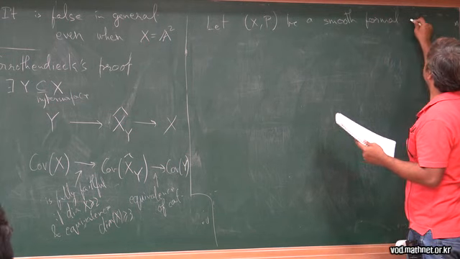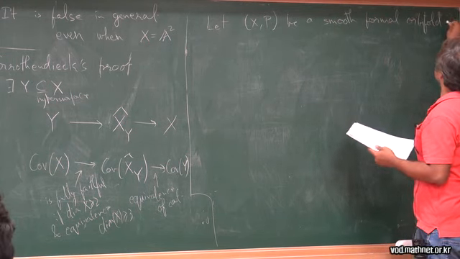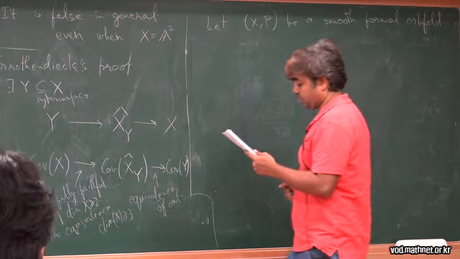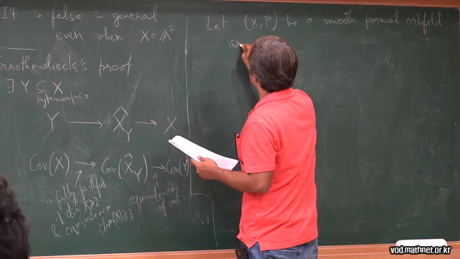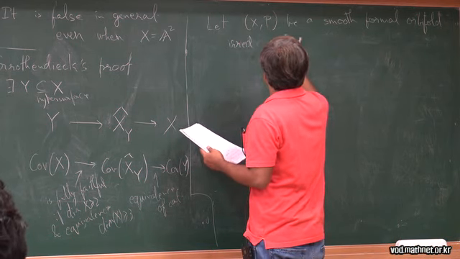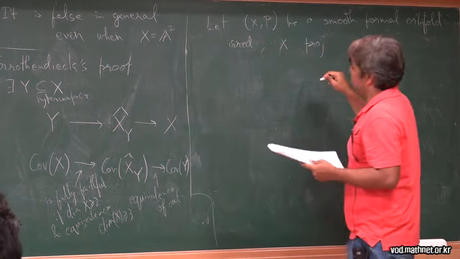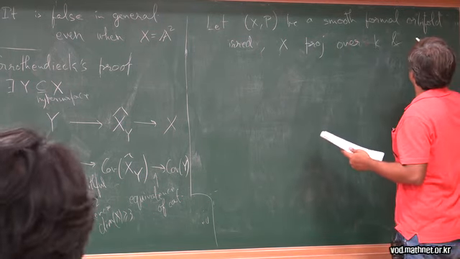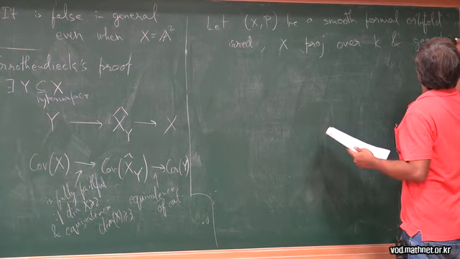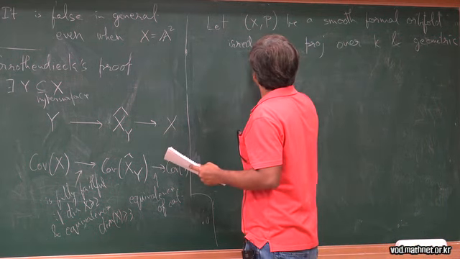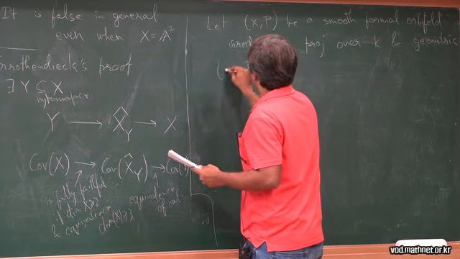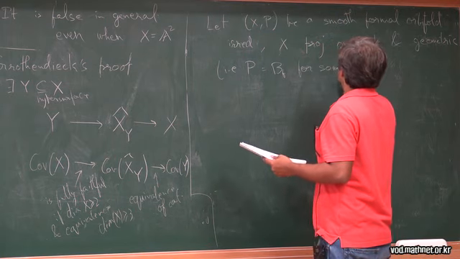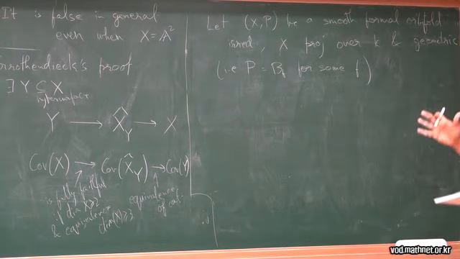Now I'm assuming that X is not just normal but smooth, irreducible of course, and X is projective over the base field K, and a condition called geometric, which means that P is B_F for some F, slightly weaker than this, but not much. So geometric means that it actually is a quotient of something.